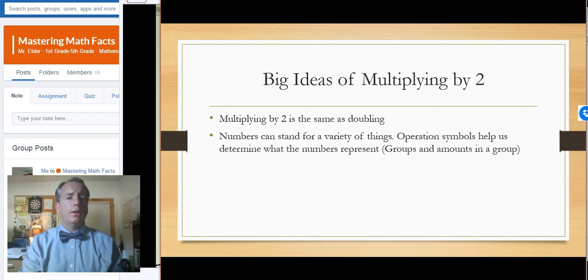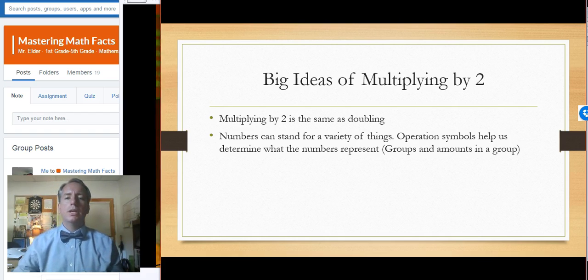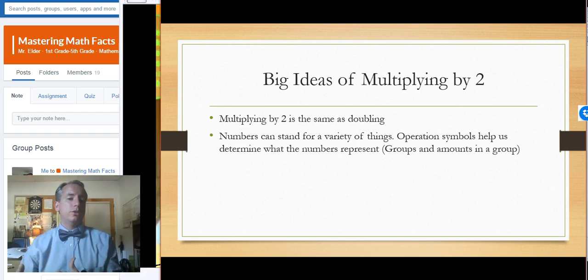We look at the idea that numbers stand for a whole bunch of different things, and then we have these operation symbols. So at some point we're introducing kids to this idea that the X now starts to stand for multiplication. Later in grades it's the asterisk, and then it becomes the dot, right? But these are just symbols that mean groups of or something similar to that.